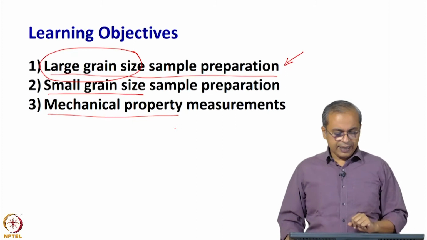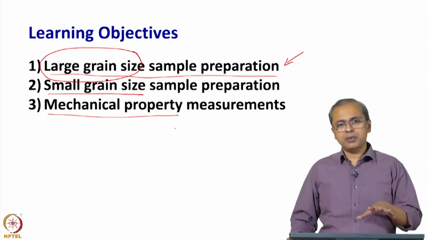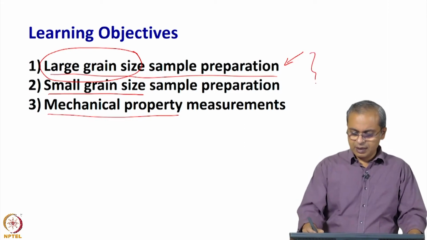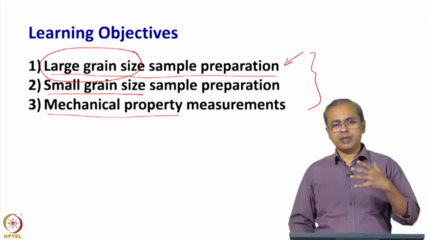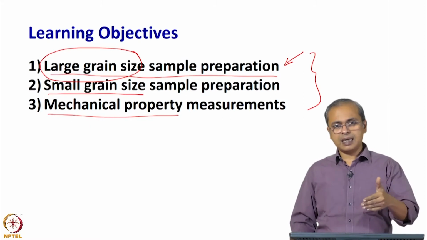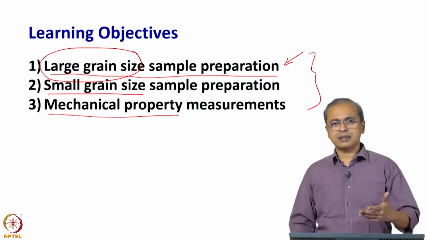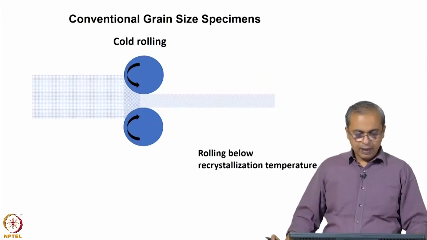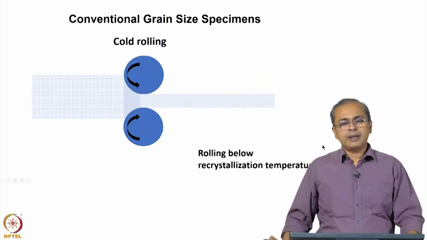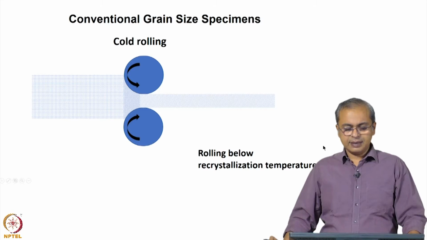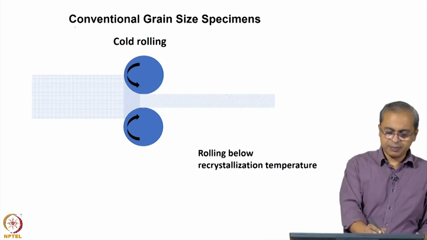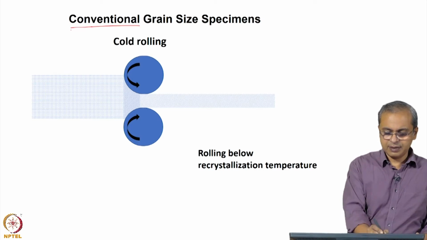So, this is the idea here, and since in this class we are looking at the experimental aspect of it, in all of these cases we are essentially going to focus on the experimental part of how you would get the large grain size, how you would get the small grain size, and how you will make this mechanical property measurement. So, if you see the larger grain size sample preparation process, what we would also otherwise call a conventional grain size.